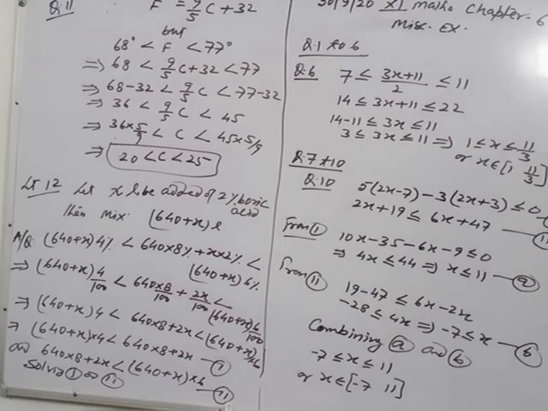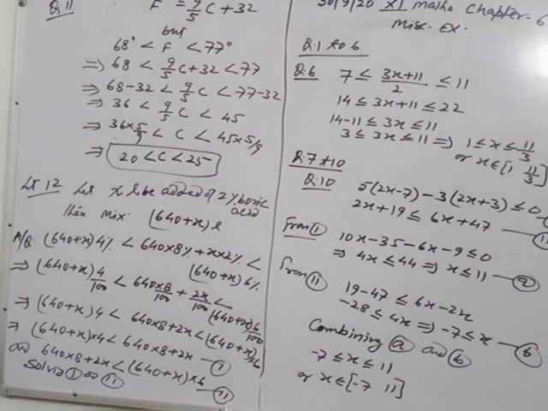This is the first, and the second part is middle and right: 640 × 8 + 2x is less than (640 + x) × 6. Solve both: find the limit of x from the first and from the second, as you have seen in the above questions. Solve separately, then combine, meaning find the common value of x.